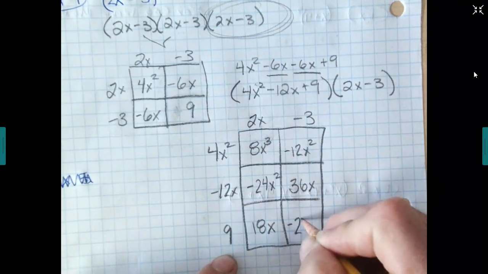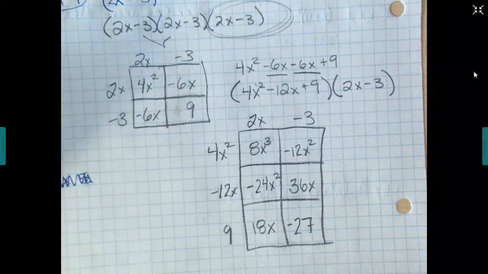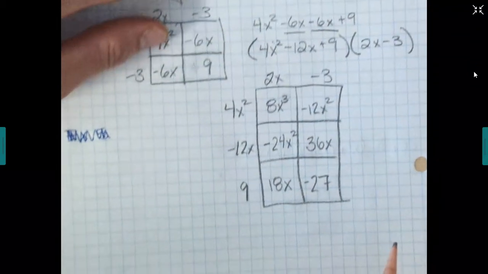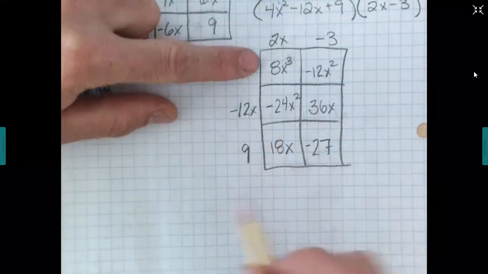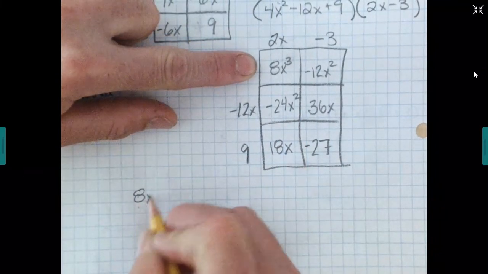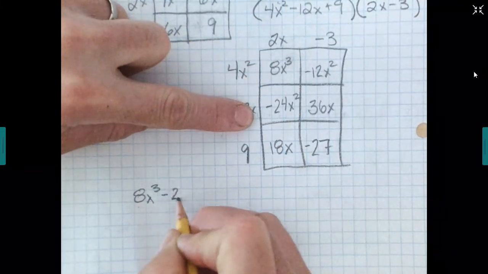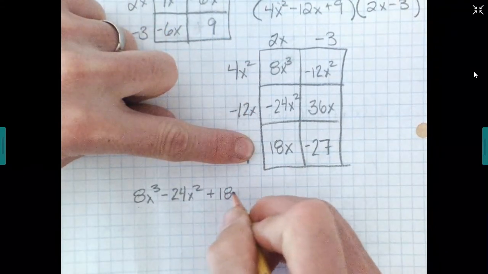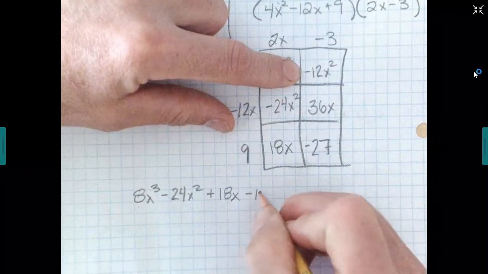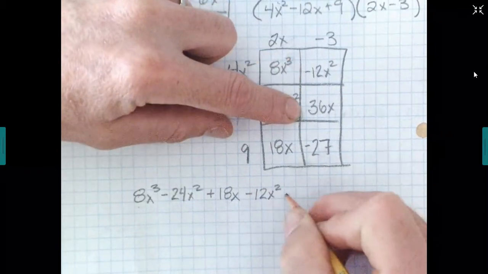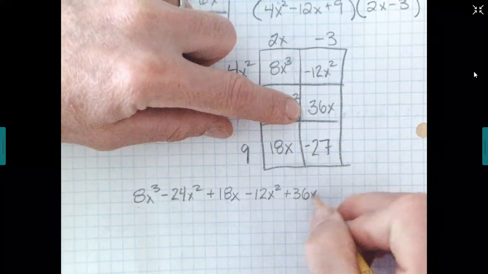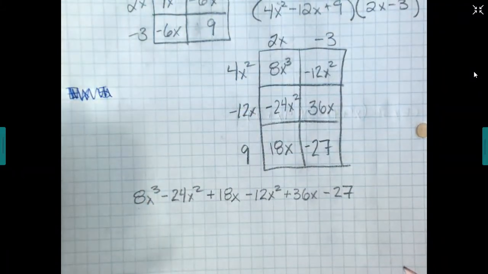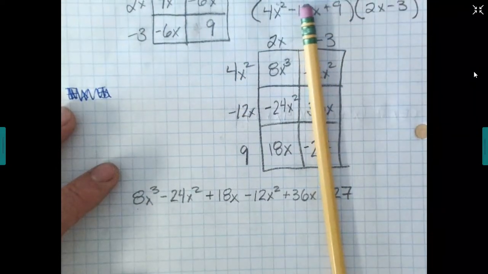And negative 3 times 9 is negative 27. So now I write all these down. I'm just going to move it down here. So I've got 8x to the third minus 24x squared plus 18x minus 12x squared plus 36x minus 27. Let's look for my like terms.